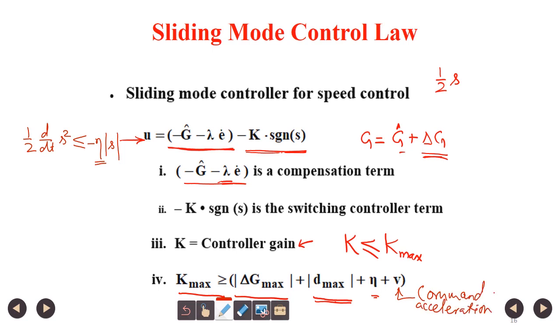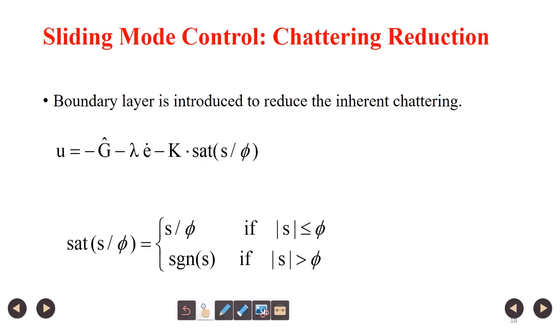So, combining all 4 terms, the maximum value of gain K max is computed, and the actual controller gain K should be less than K max. In actual sliding mode control, the switching control term is either plus K or minus K. So, this leads to sudden variation in the variables, which is called chattering.